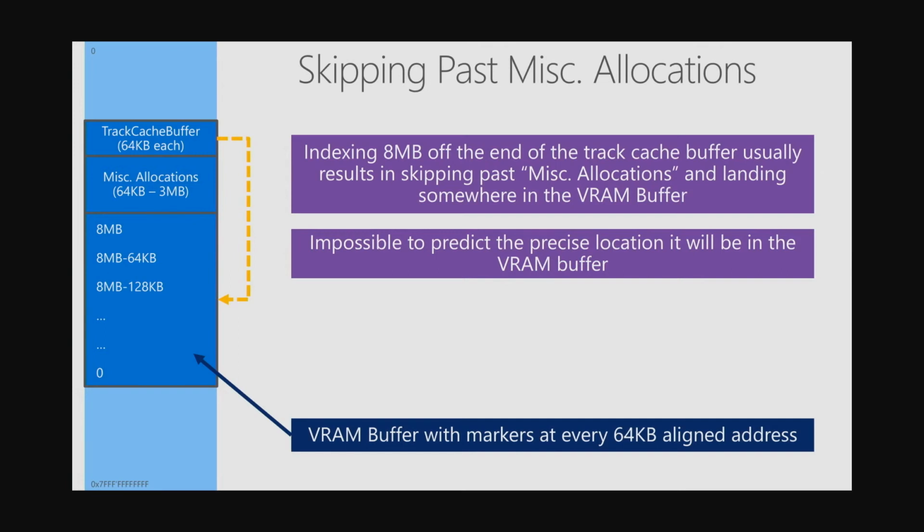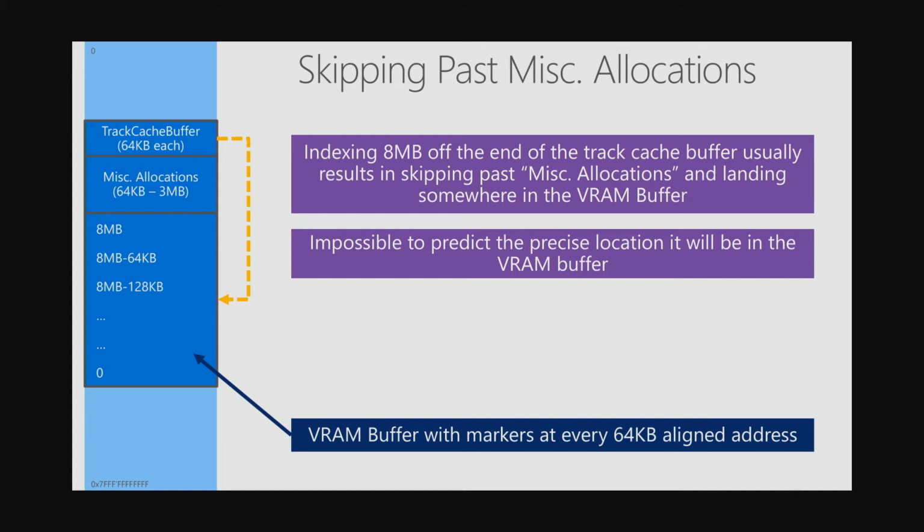The next thing I noticed is that since those miscellaneous allocations never seemed to be bigger than 3 megabytes, but the VRAM buffer is 8 megabytes big, I could just index 8 megabytes off the end of that track cache buffer, and I would land somewhere in the VRAM buffer. I have no way to know exactly where I'm going to land in it, but I will land somewhere in it.